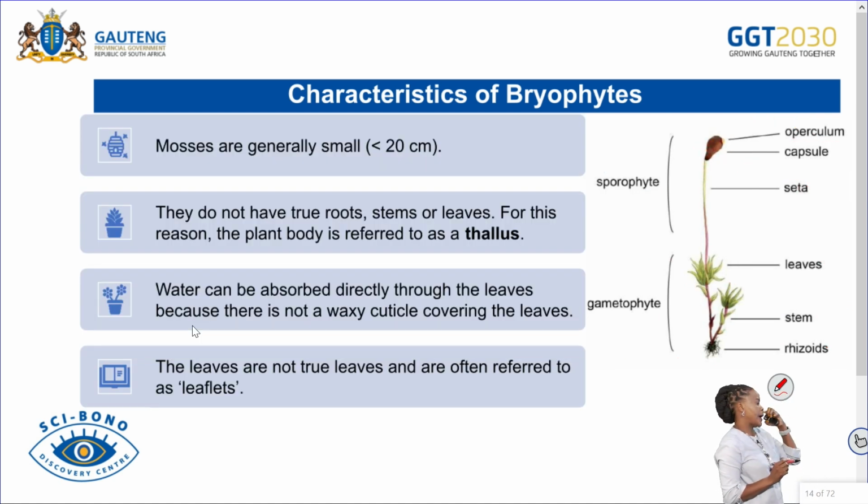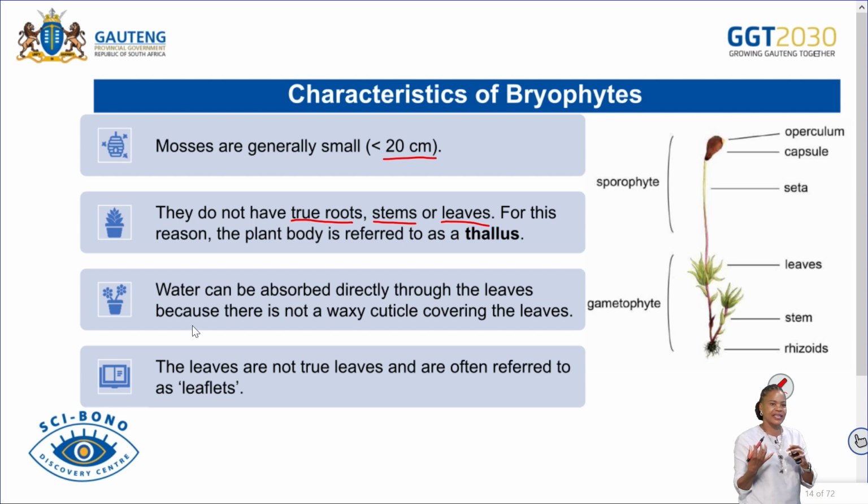Now let us look into the general characteristics of what? Of the bryophytes. Bryophytes are generally small. They are less than, they are small, and they are greater than what? 20 centimeters in size. And then they do not have true roots, true stems, or true leaves.